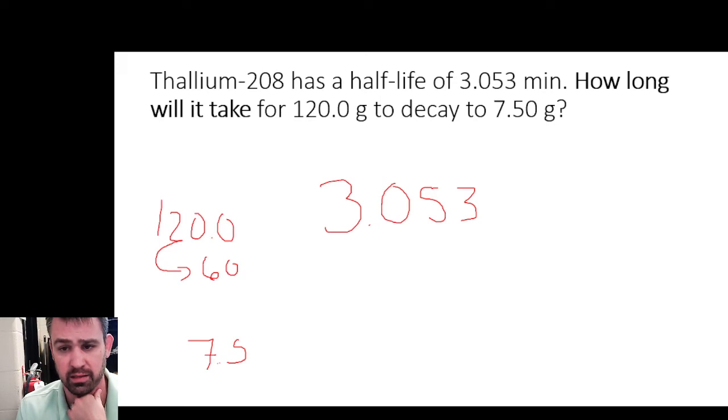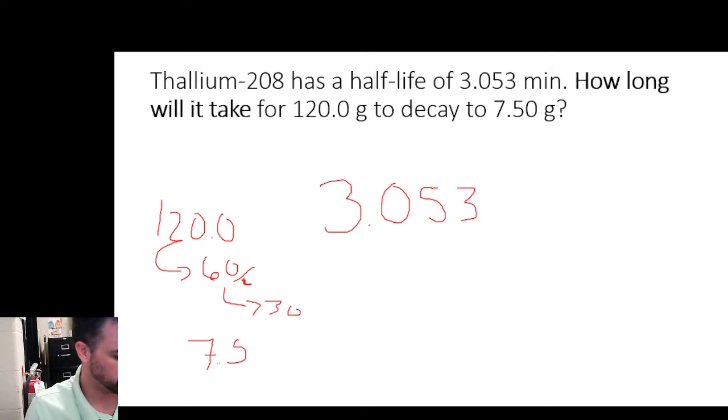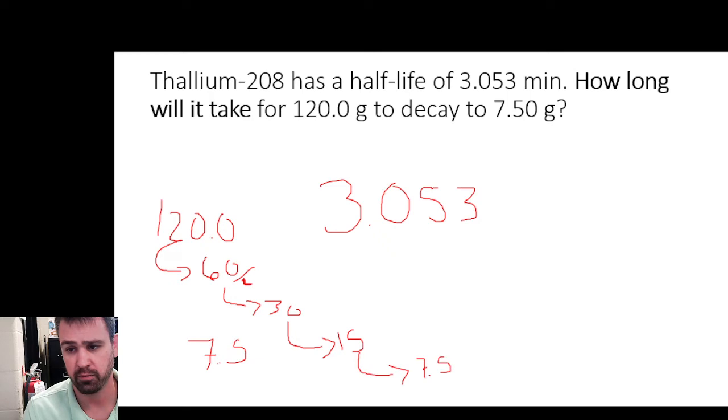If I take that 60 and divide it by 2, I get 30. If I take 30 and divide it by 2, I get 15. And if I take 15 and divide it by 2, now I'm at 7.5, which is where I'm supposed to end.